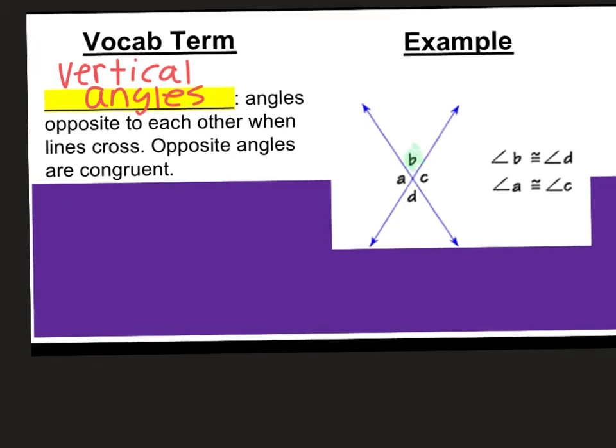So B is going to be the same as D. If I said angle B was 21 degrees, well, my vertical angle D is also going to be 21 degrees. And then same thing going the other way. Angle A and angle C will be congruent or equal. So whatever angle A is, angle C will be as well.